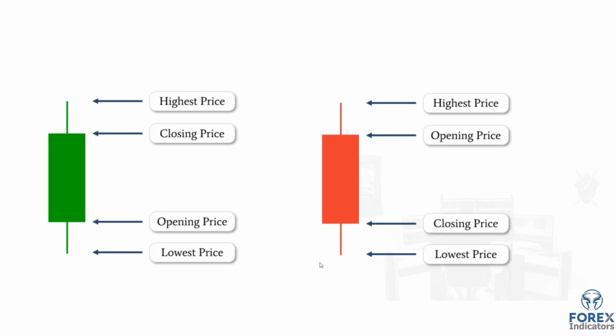Which means within this candle, price moved down, right? So it opened up here, it moved between the top here and the lower wick here, and then it closed lower than it opened. And this simply means during this time frame, let's say it's a daily chart, during this day of price action, price declined in the particular instrument.